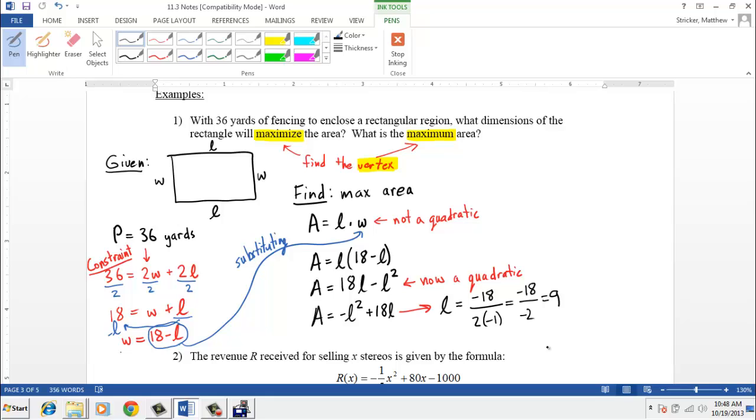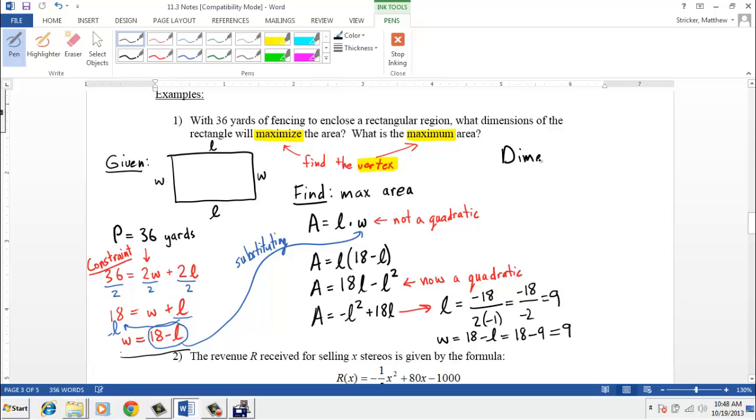Which it turns out in this case that not only is the length 9, remember this relationship here, W equals 18 minus L, which will be 18 minus 9, which is 9. So what are the dimensions?